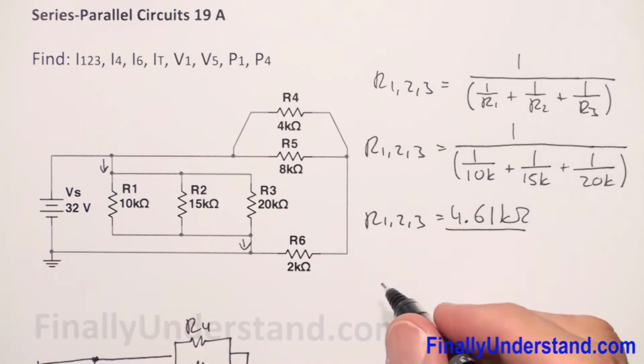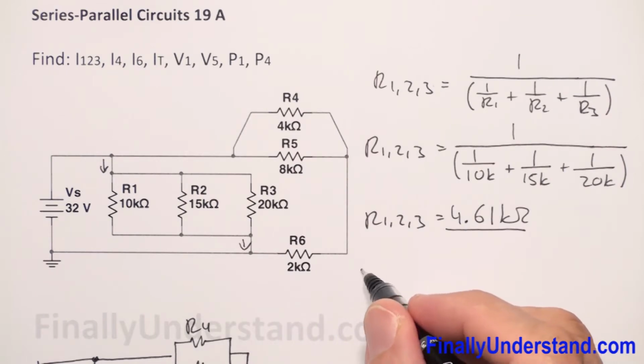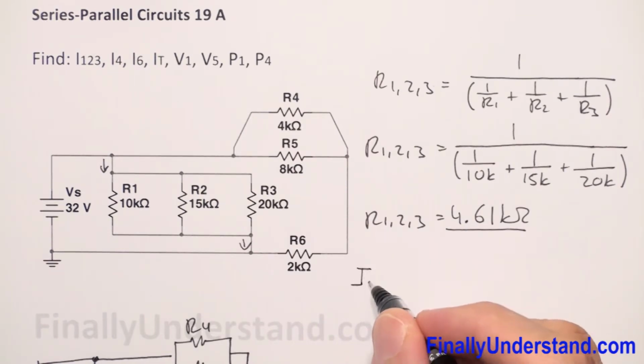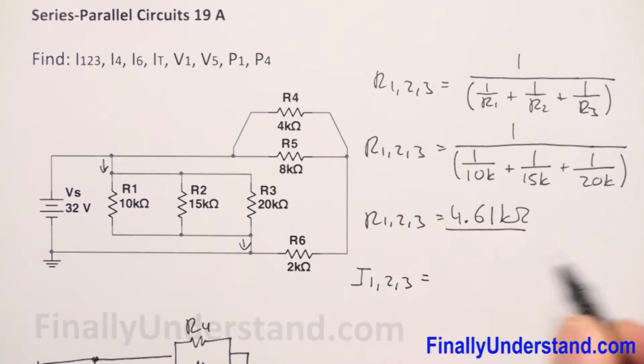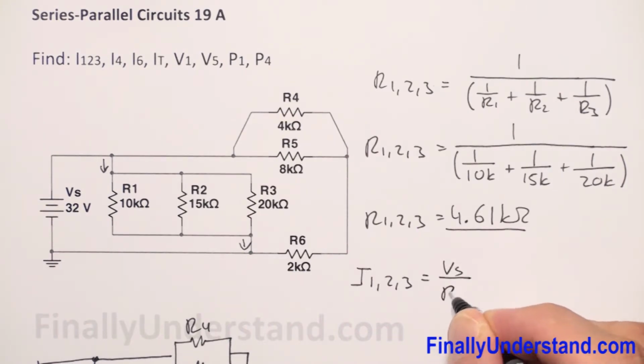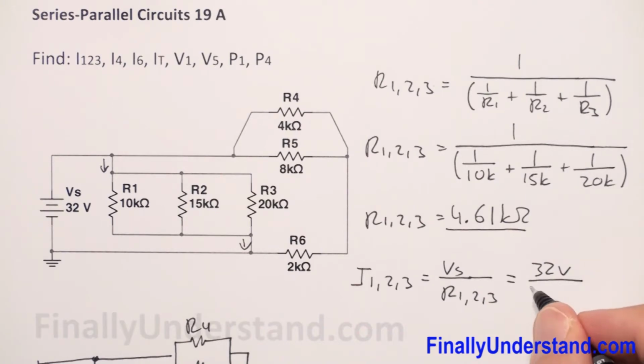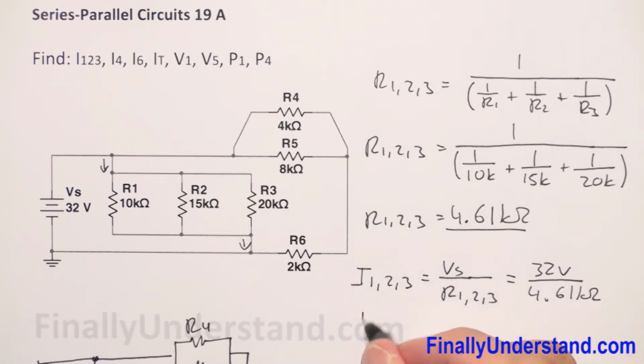That's why I'm going to say that I1,2,3, right, I'm going to calculate from Ohm's law. So I have the voltage source divided by R1,2,3. The voltage source is equal to 32 volts over 4.61 kiloohms.